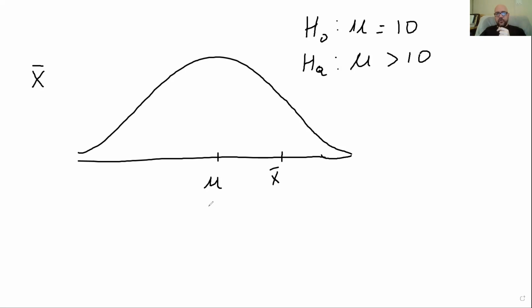Then what we're going to do is say, all right, I'm going to start with the assumption that the null hypothesis is true. Remember, that's the given part in our conditional probability, the null hypothesis being true. So this mu here is actually 10. Now, we don't know that it's actually 10. We're just hypothesizing that it is.